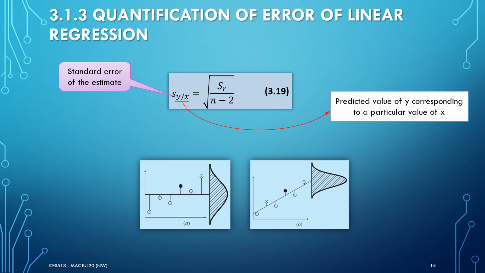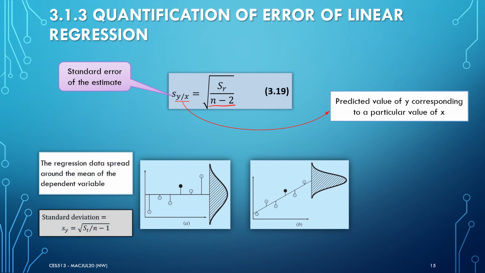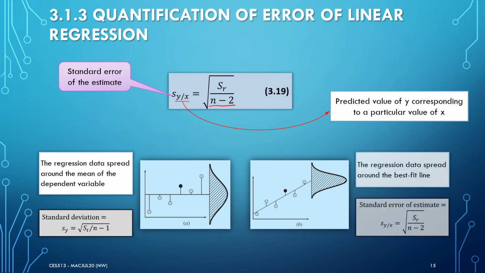Notice that we now divide by n minus 2 because two data-derived estimates, A0 and A1, were used to compute SR. Thus, we have lost 2 degrees of freedom. Figure shows the regression data showing A, the regression data spread around the mean of the dependent variable, and B, the regression data spread around the best fit line.